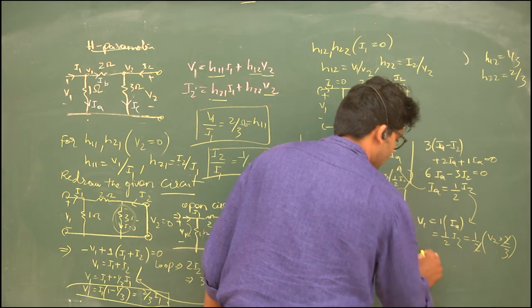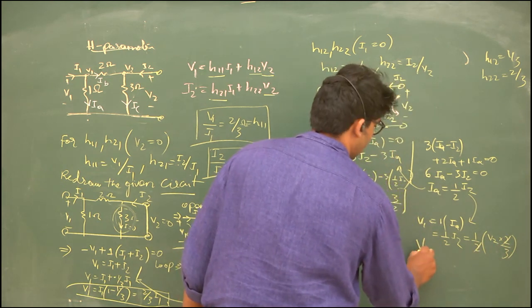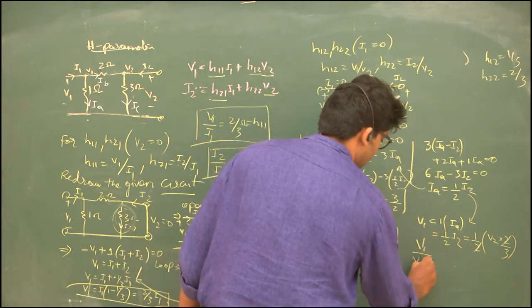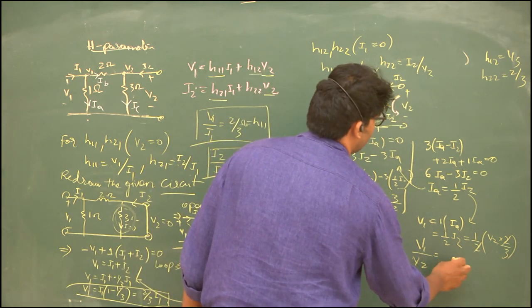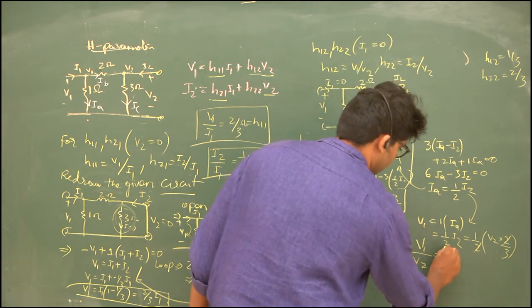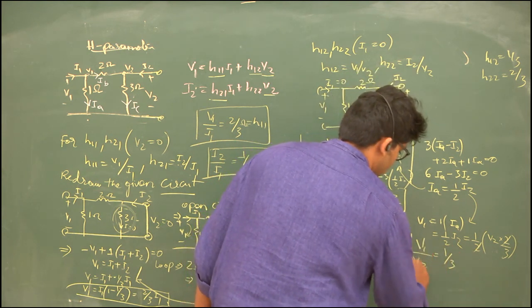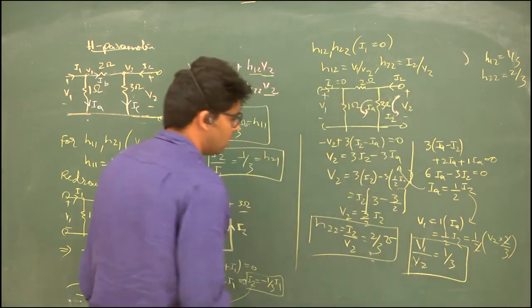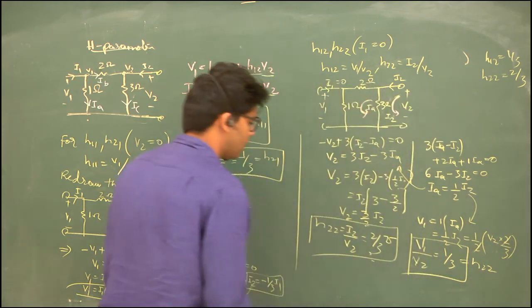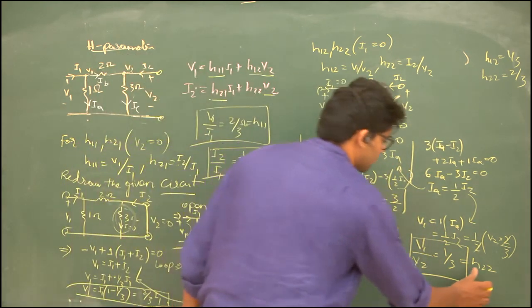So the 2 gets cancelled, therefore V1 by V2 equal to 2 by 3. No, 1 by 3, sorry. There is no unit for this voltage gain, that is H12.